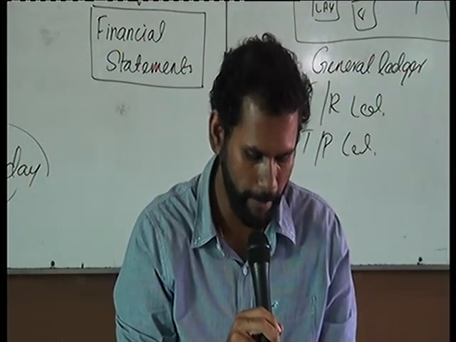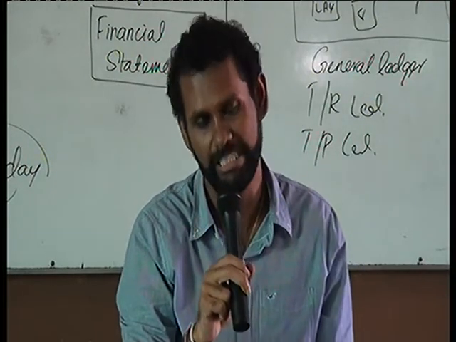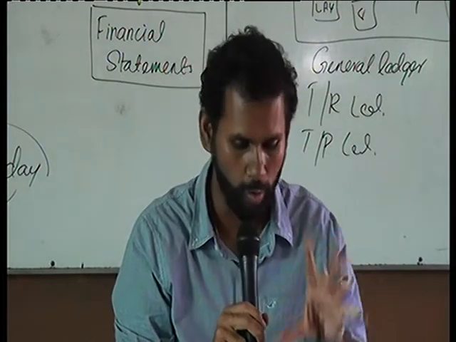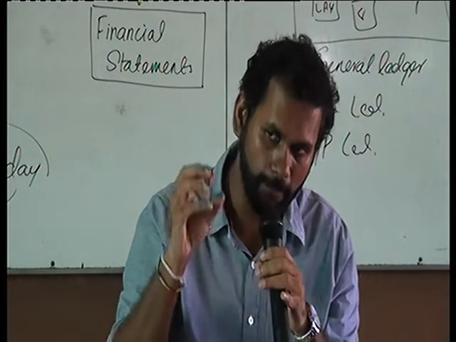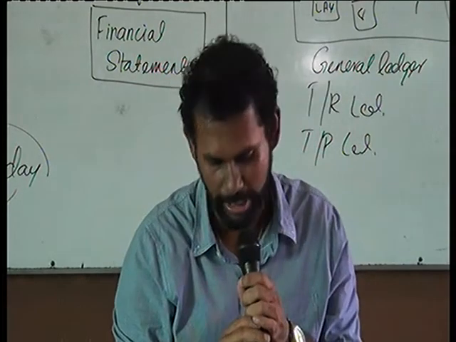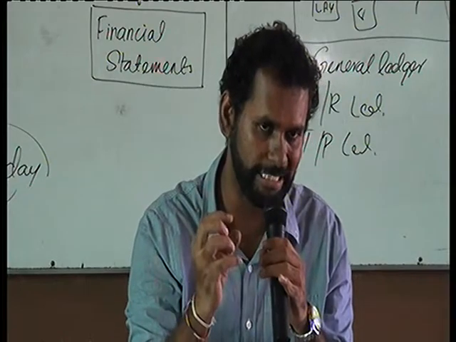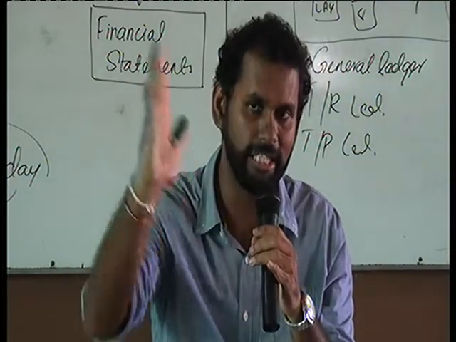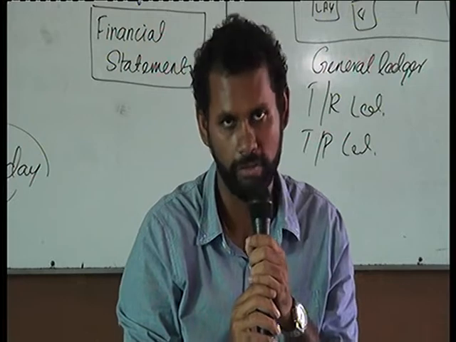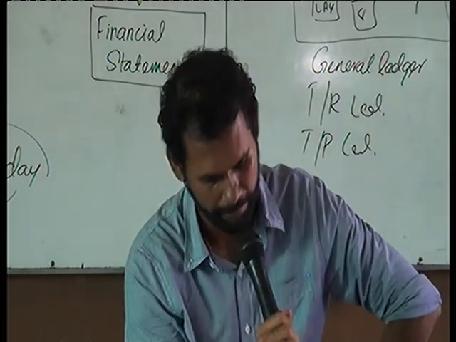The prime entry book is the purchase journal. All the purchases that have been made, we will first record in the purchase day book. And then the summarized amounts of the purchase day book we will transfer to the purchase account. The purchase account is the related ledger account that we are considering.